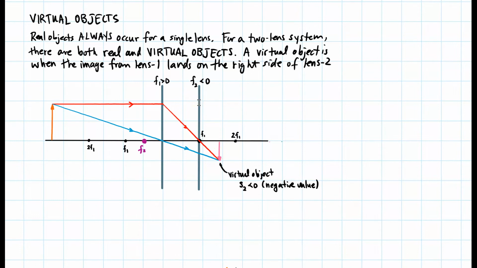To separate lens 1 and lens 2, I have the focal point of this diverging lens in purple right here, or violet. Now, because it's on the other side, I would mathematically write S2 as a negative value. Now let's draw the ray diagram for this because it's exactly the same. Virtual objects and real objects have the same thinking for ray diagrams.